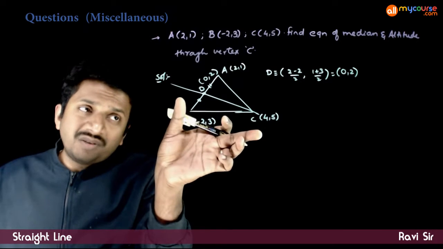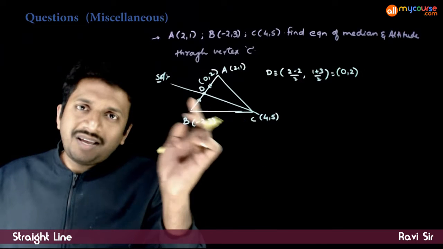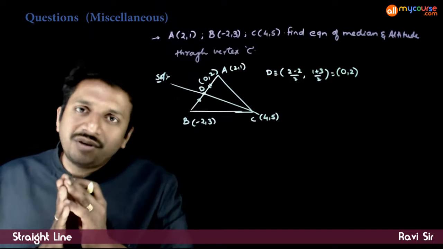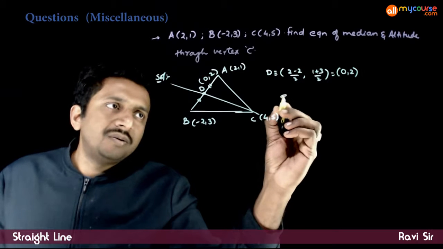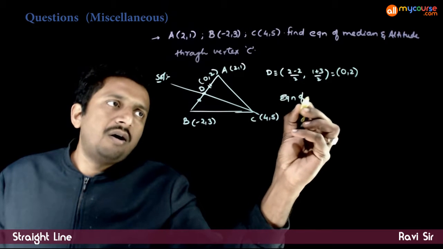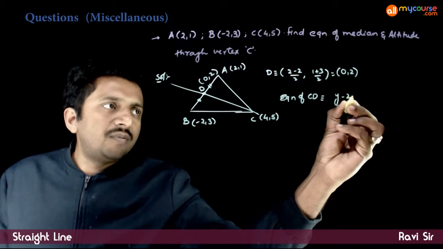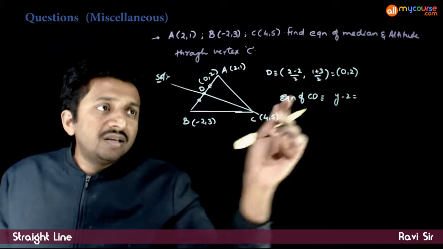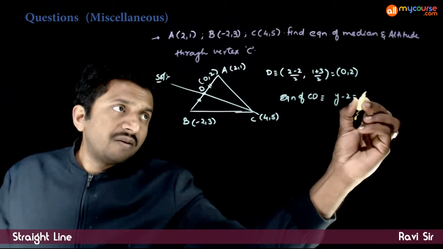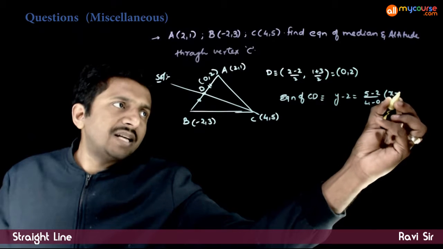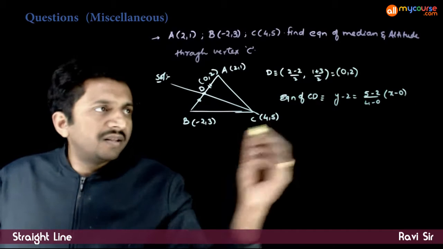Next, what is the equation of CD? You know 2 points on this line. So using the 2-point form, you can find the equation of CD. The equation of CD is y minus y1 is equal to the slope, (5 minus 2)/(4 minus 0), times (x minus x1).